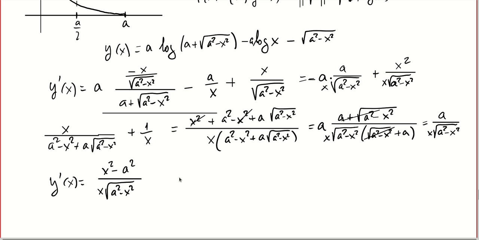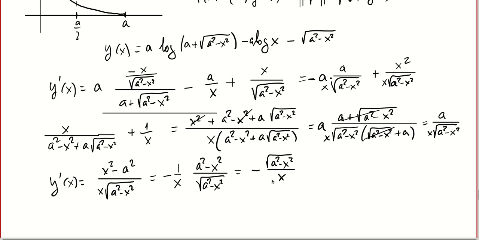And the square of this derivative: we have here the square of this, actually with a minus, so we have minus 1 over x, and we have the square root of a squared minus x squared. So this simplifies to minus the square root of a squared minus x squared over x.